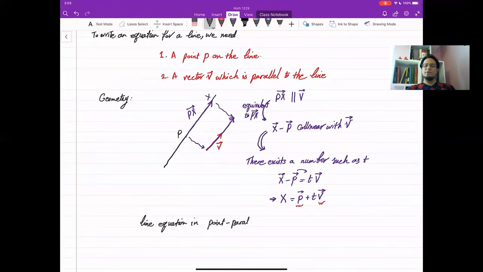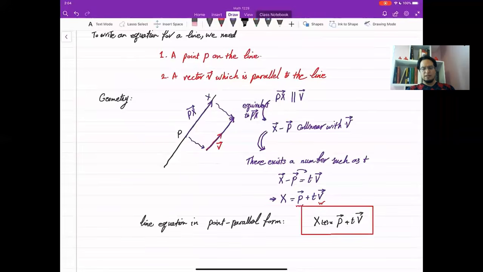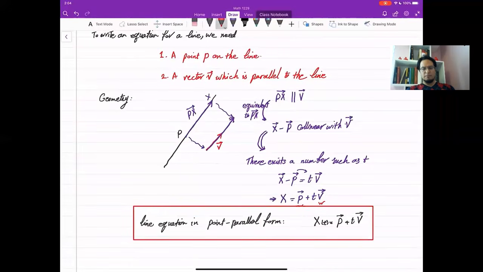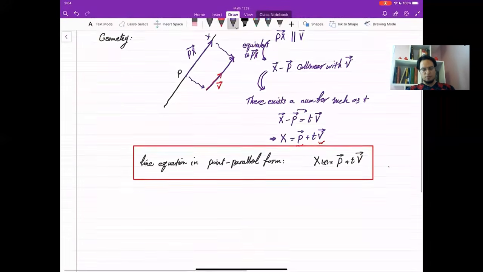This form of equation is called point parallel form. We have a point P and we have a parallel vector V, so we form P plus tV. Sometimes to show that X depends on t, we will put a t dependence in front of X. This is one form, and you have to keep this in mind. We will do examples and work on this one.